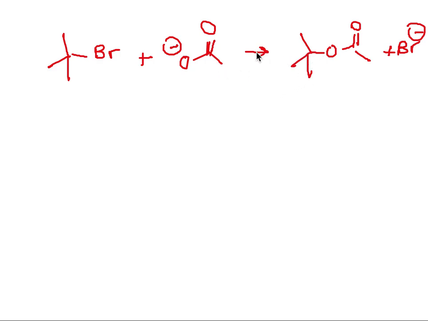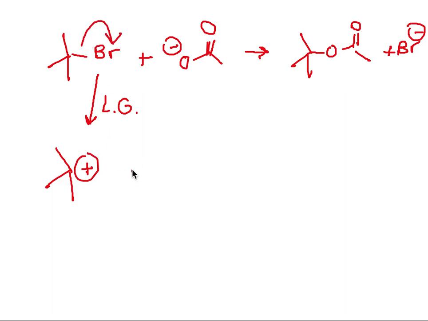So if this happens through a mechanism that needs two steps, here we go. The first step is going to be the leaving group leaving, right? So this is the first step where the Br leaves.